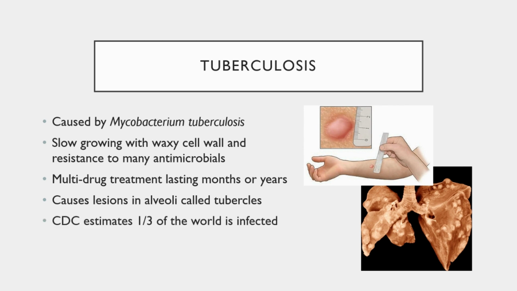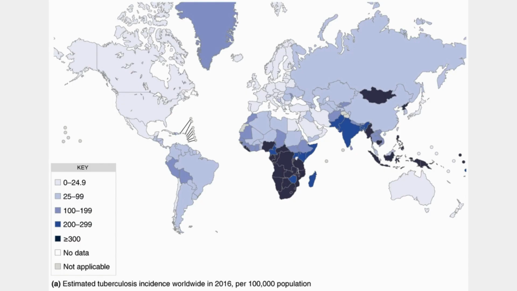Historians believe that it was responsible for 20 to 30% of the deaths in Europe in the 17th through the 19th centuries. And even today, the CDC estimates that 1/3 of the world has an infection with Mycobacterium tuberculosis, although many of these infections are latent in nature.